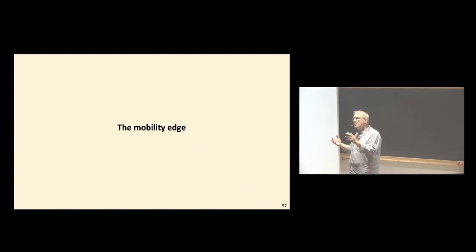And then back to the mobility edge. You can try to understand this in a new way. What is the mobility edge? When do you have a mobility, when do you have something that delocalizes?